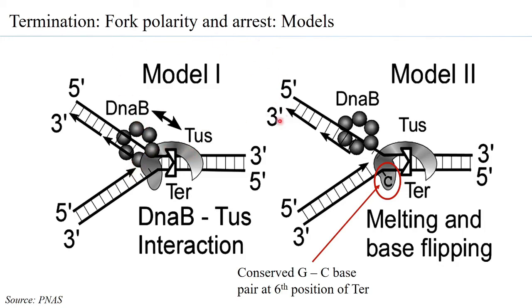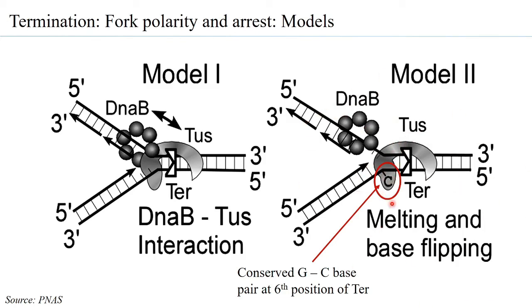So this model is suggesting that the DnaB-TUS interaction is important for arresting the fork, while model 2 suggests that the DnaB need not interact with the TUS, and even if it does not interact with the TUS, it is able to arrest the fork. So how is it being explained over here?